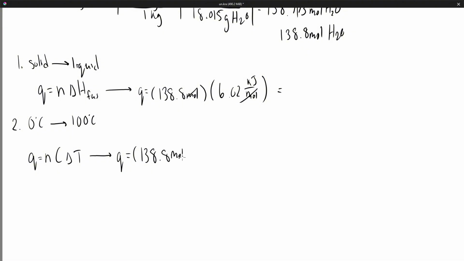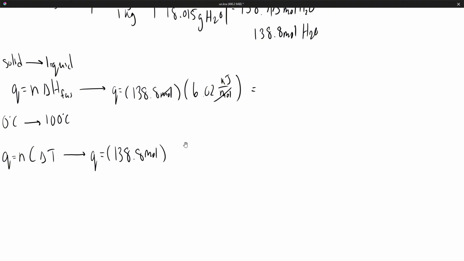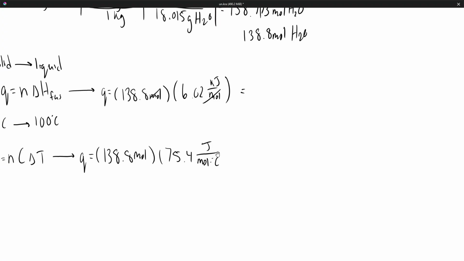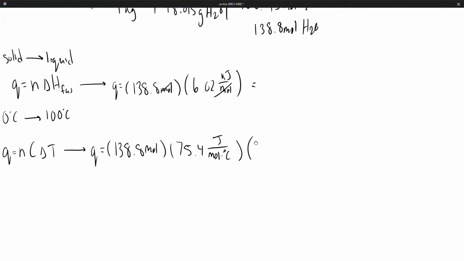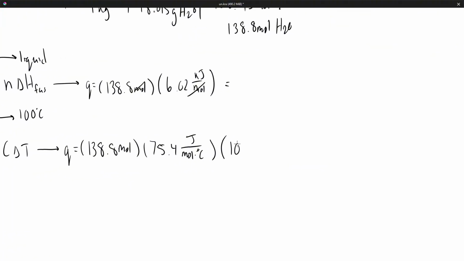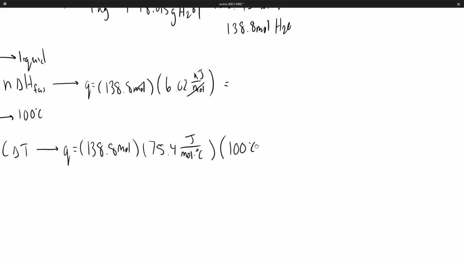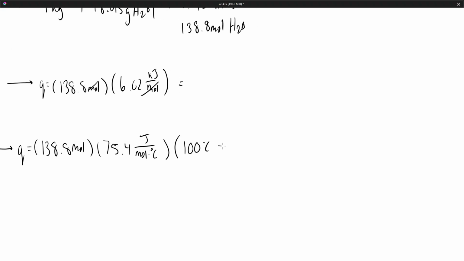Plug those in. Q equals 138.8 moles. The specific heat capacity of water is 75.4 joules per mole times degrees Celsius, and that's times the change in temperature, which is final minus initial. So final is 100 degrees Celsius, since we're getting to the boiling point, minus 0 degrees Celsius, just 100 then.